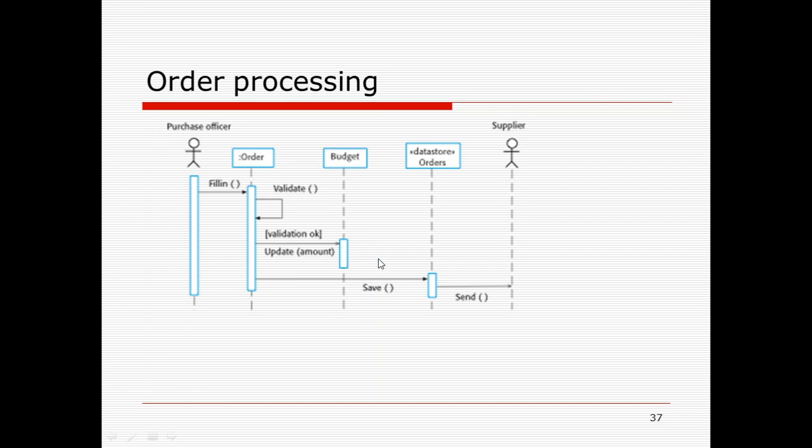From budget it goes to the data store order. From there it is sent, and the supplier gets the order being processed. So this is the order processing flow, and the sequence diagram represents the sequence from one end to the other end, indicating the flow of data and the data being processed in this sequence. So this is a data-driven model using the sequence diagram.